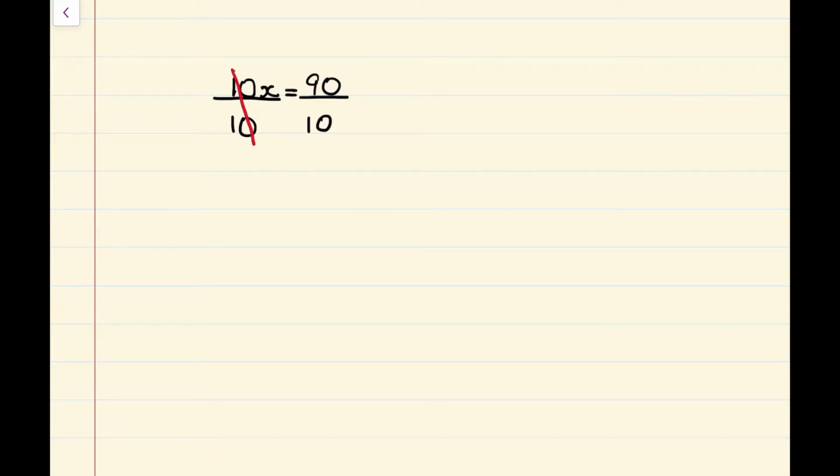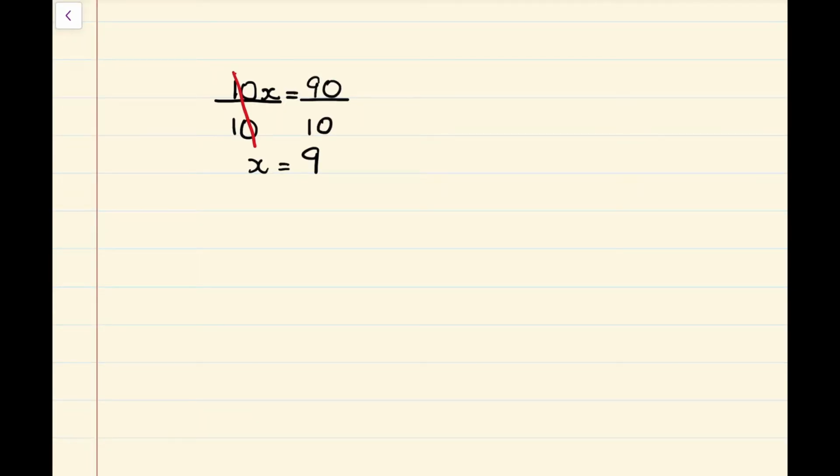So we could just cancel out, because 1x is just equal to x. We don't have to write the 1 in front of the x, because we already know that it's 1x. Okay, so then we would have x is equal to 90 divided by 10, which is just 9. And that's basically how to solve that question.